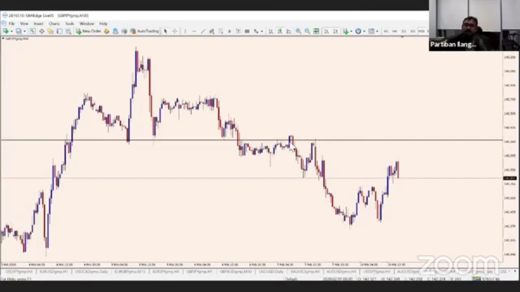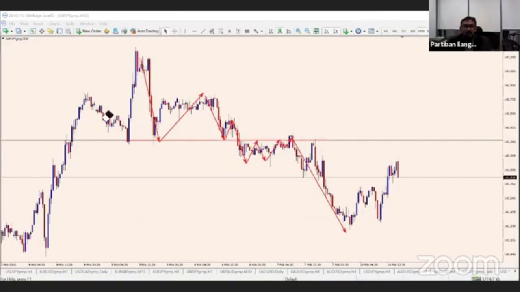Okay, this trader went short somewhere here, and look at the exact price movement. Market tried to penetrate, failed, tried to penetrate, failed, penetrated, retesting, then drop.